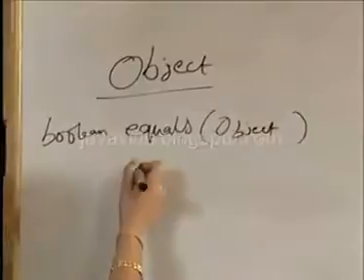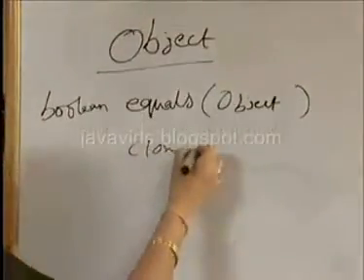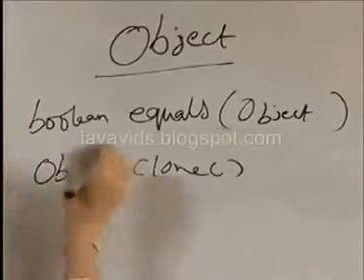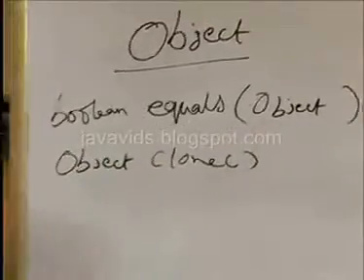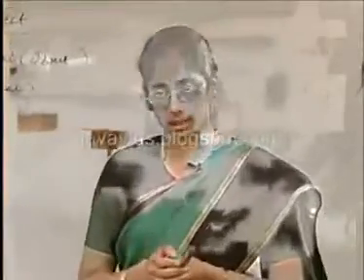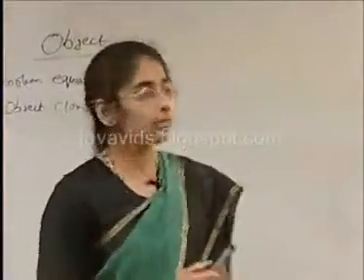Then we have the clone method, which returns an Object. Clone is used to make a bit by bit copy of an object. We will be discussing the clone method, exception handling, and at the end, interfaces.